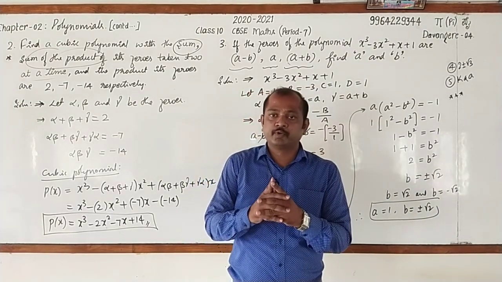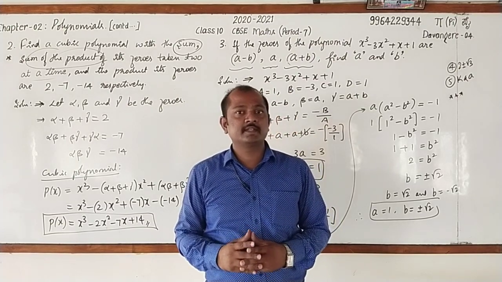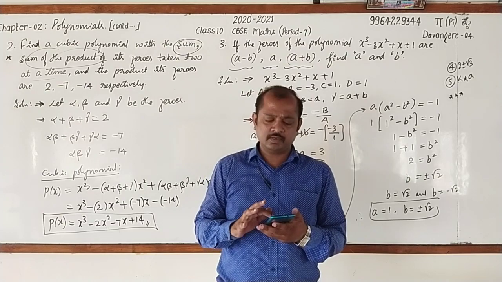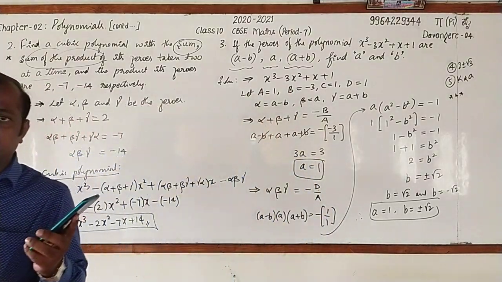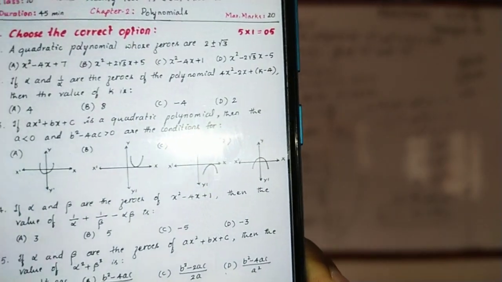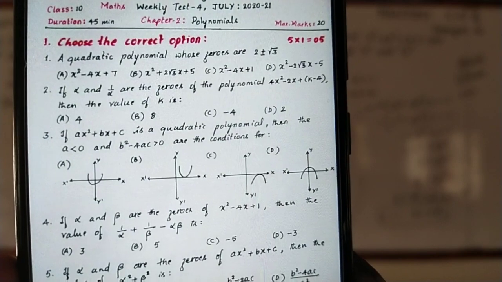Dear students, before concluding the class, yesterday we conducted the weekly test on the chapter polynomials. Almost the full chapter was taken. Now let me show you the question papers. Observe. This is the question paper. It was conducted for 20 marks.